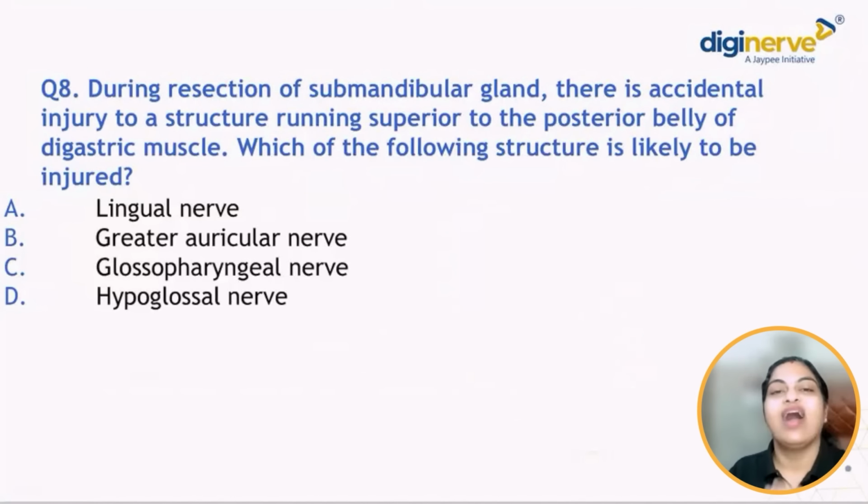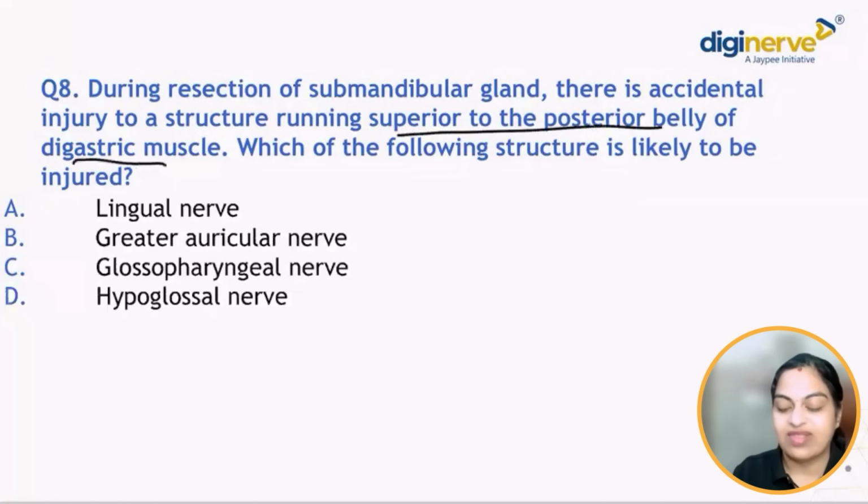Again, this is a very high yield topic which they've been asking over the recent years. Nerves at risk during submandibular gland surgery. During resection of submandibular gland, there's accidental injury to a structure running superior to the posterior belly of the digastric muscle. Which of the following structure is likely to be injured? Yes.